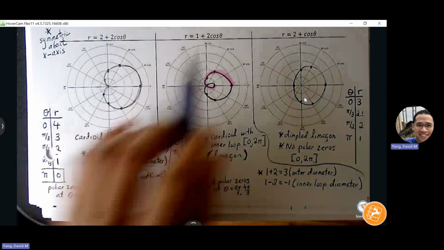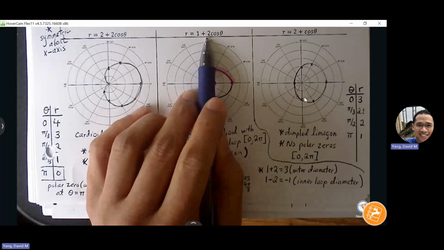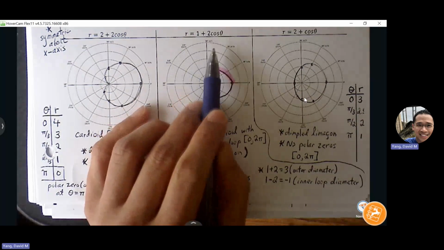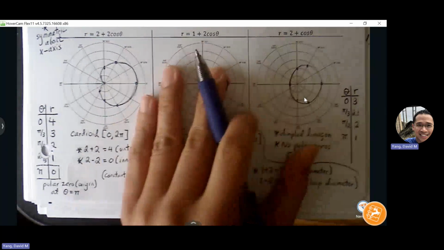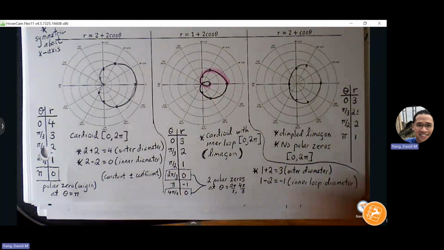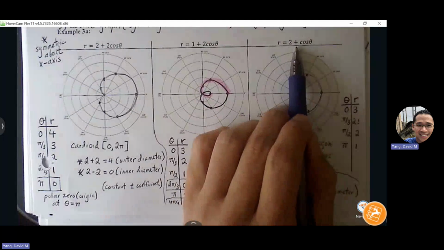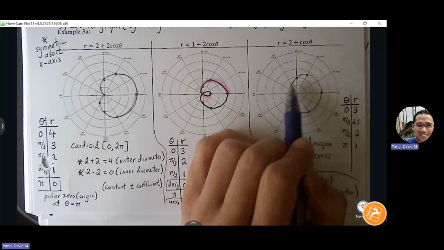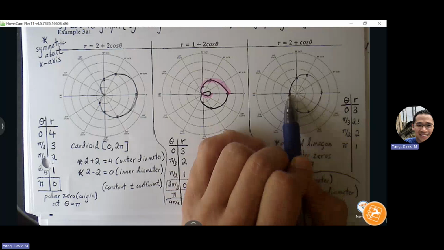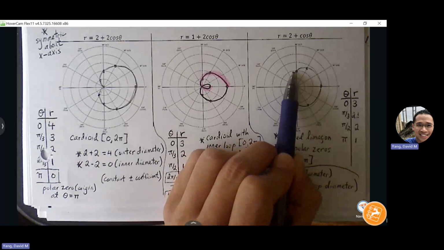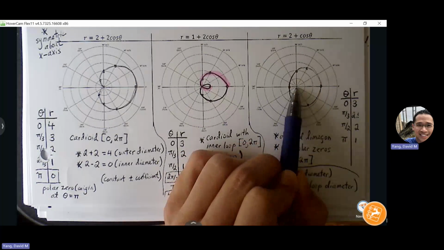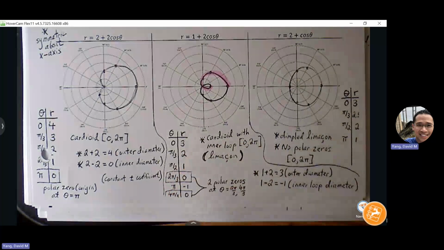If the constant is less than the coefficient, then the graph is going to go into itself and create an inner loop. And if the graph has a constant that is more than the coefficient, then it's going to go in a little bit, but not as much as the cardioids. So it's going to fall in a little bit, but it's never going to hit that pole. So we call this a dimpled limaçon.